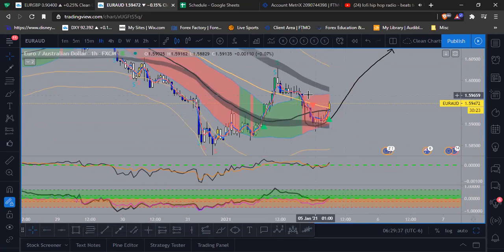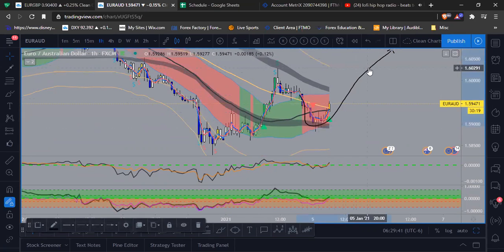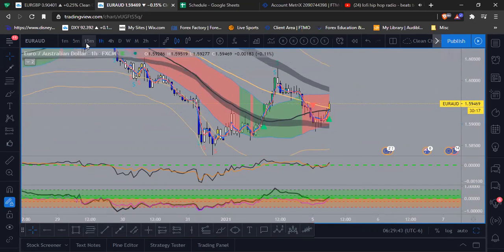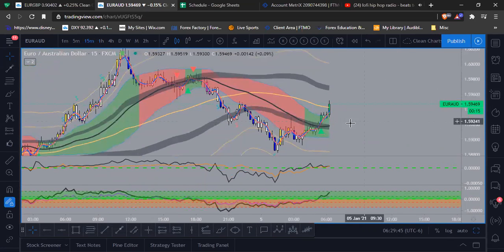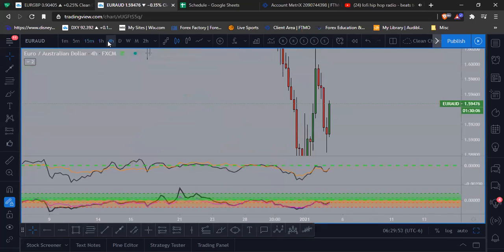But yeah, same thing. Push to the downside, continue up. I like it. On the 1 hour, 15 minute, let's see what that was looking like. It had just called for the buy on the 15 minute. I didn't even notice this. So there you go. That's as solid as you can get.